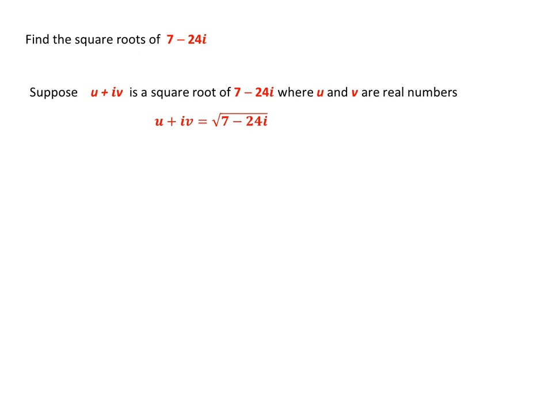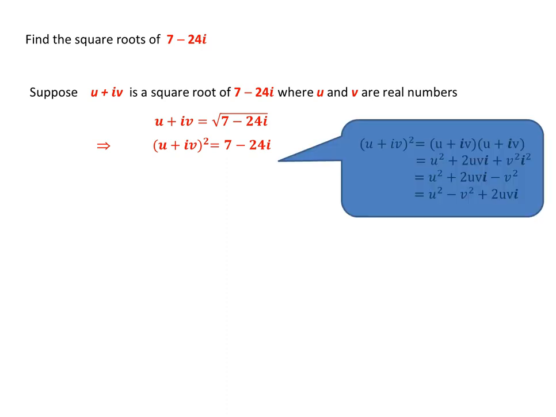So we're saying that u plus iv is the square root of 7 minus 24i, which is equivalent to saying that (u plus iv) squared must equal 7 minus 24i. Now, (u plus iv) squared is the same thing as (u plus iv) times (u plus iv). Multiplying that out gives u squared plus 2uv times i plus v squared times i squared.